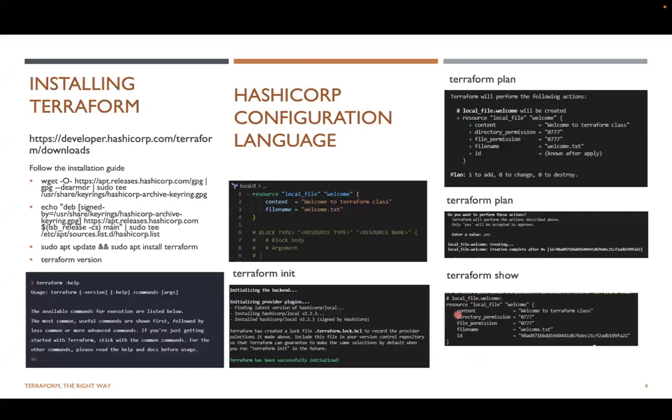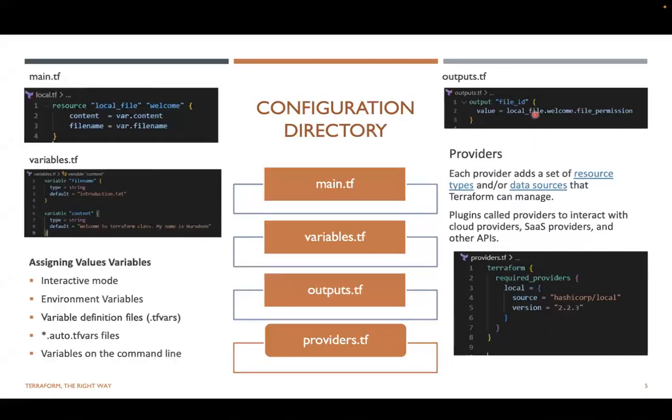We have content, we have directory, we have permission, and so on. But imagine that maybe I need only the file permission or the file name. I just need that in the output. You get me? What I can do is create an output file and specify the particular value of what I need.